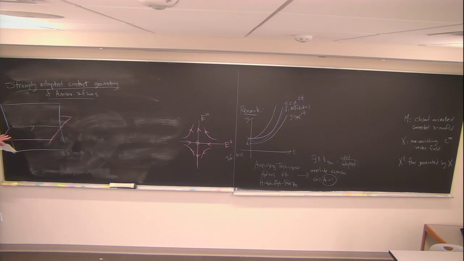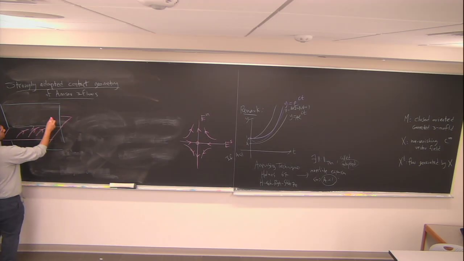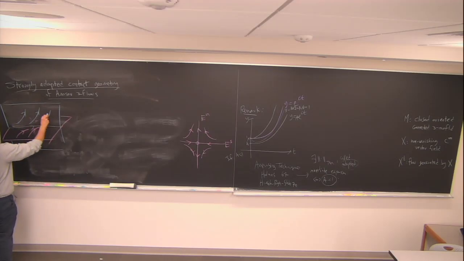And if I look at any segment of the flow line, it is staying on the intersection of two foliations. On one of them, you see the nearby flow lines being sucked into the center flow line. And on the other one, you see the flow lines staying away from the center flow line.